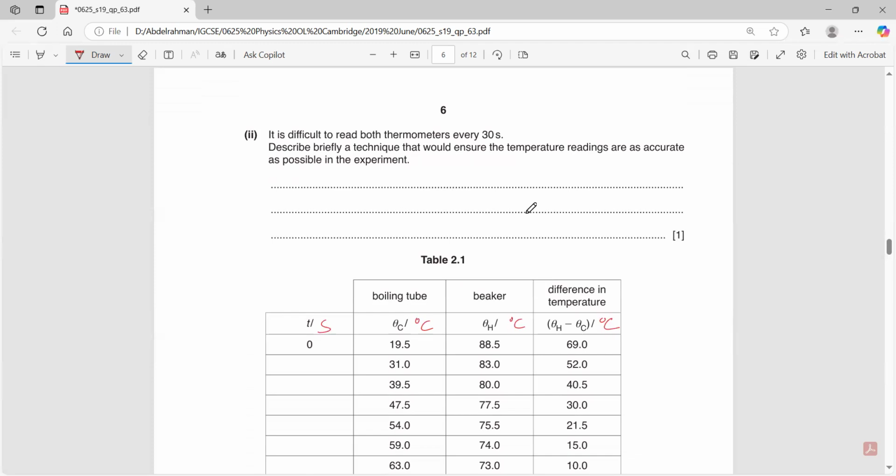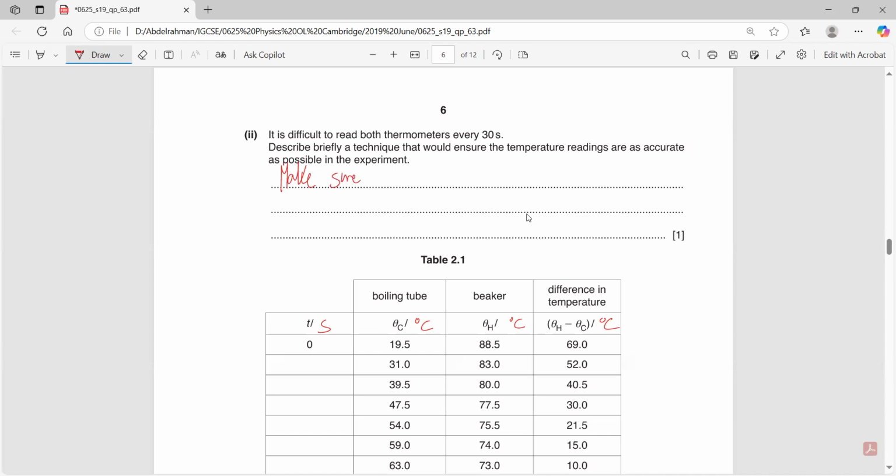Or, if you want to think about a precaution, can I take the readings of the thermometers perpendicularly? Perpendicularly, and make sure that you can see them easily. For example, make sure that you can see the first thermometer and the second thermometer easily and take the readings perpendicularly.